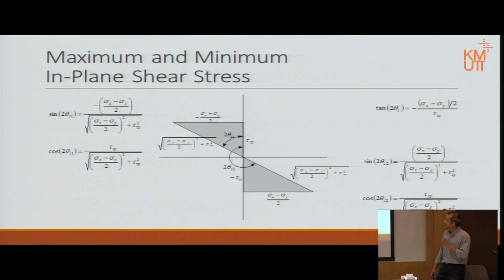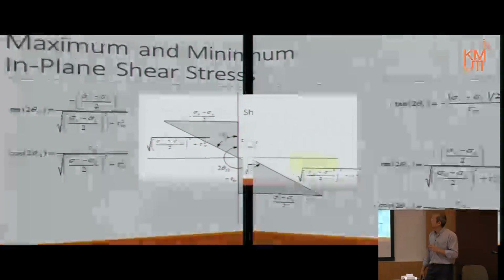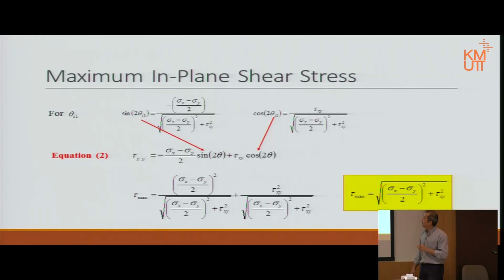Once we have this set of angles, then we find them one by one. We start off with the maximum in-plane shear stress, which relates to theta s1. Okay, the same idea, using equation 2, substitute into it, then work it out, and we find the maximum shear stress.